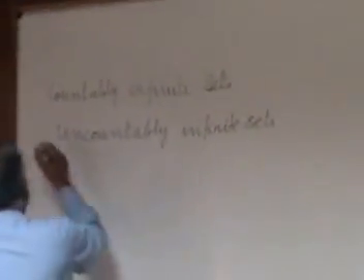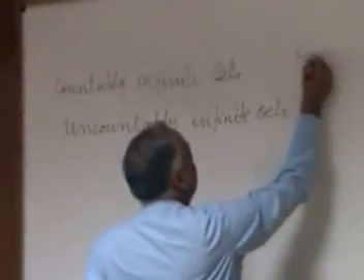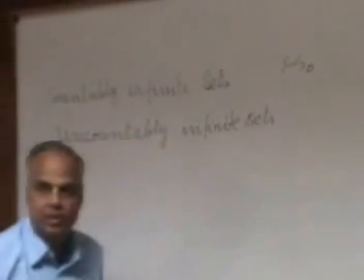So, okay. Any set which is countably infinite is said to have cardinality Aleph naught.